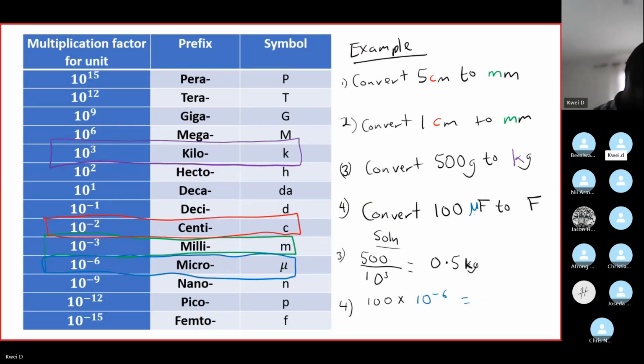So what would that give you? That'll give me 0.001. Okay. 0.001 farad. And you bring the unit there.